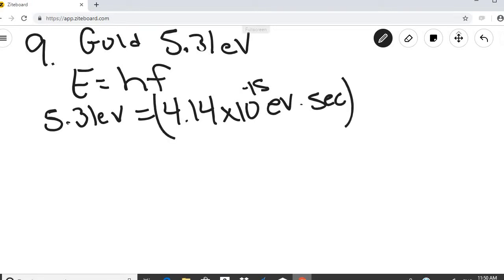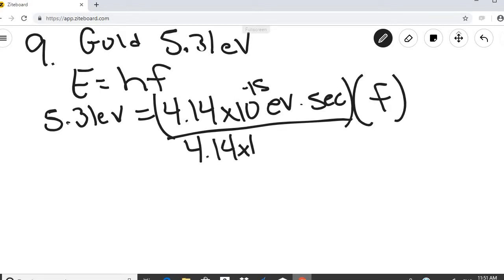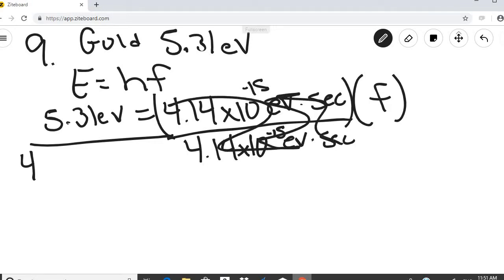And then you multiply that times frequency. So we're going to solve for frequency by dividing both sides by this. So divide this by that. That's going to get rid of this over here. Okay, so see the electron volts are going to cancel. You'll be left with 1 over seconds, which is hertz for frequency.